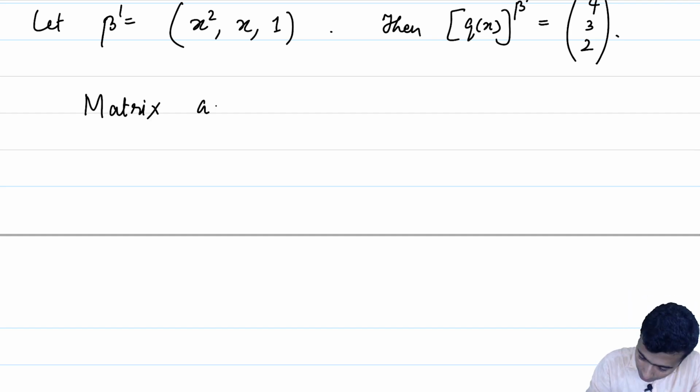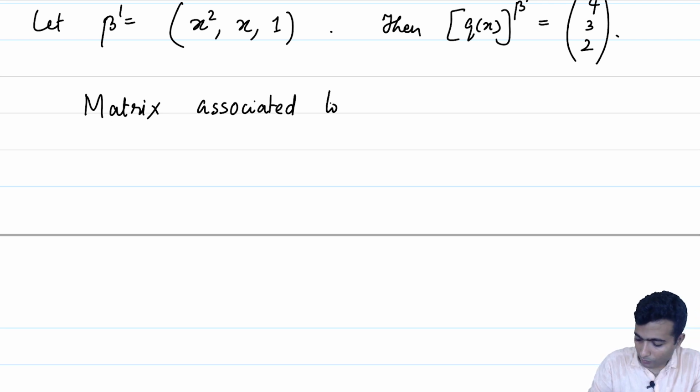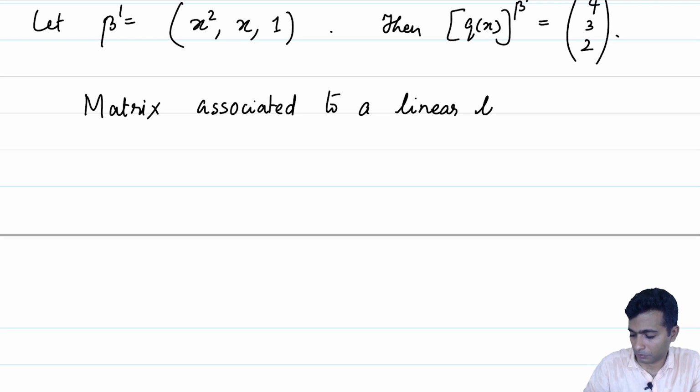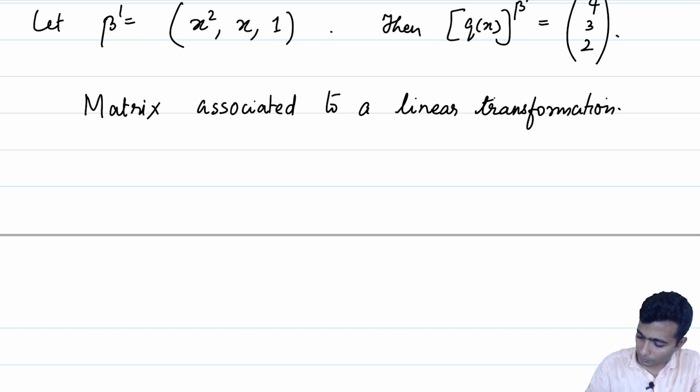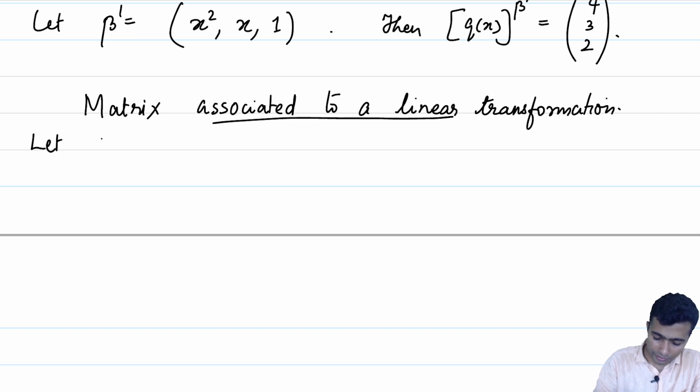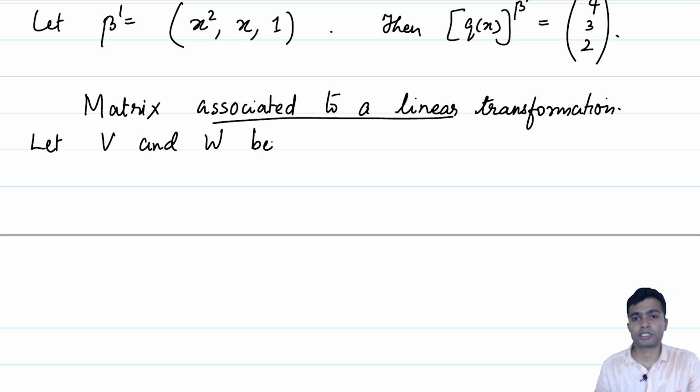So, matrix associated to a linear transformation. So, let V and W be finite dimensional vector spaces.